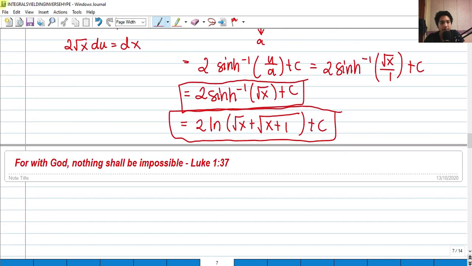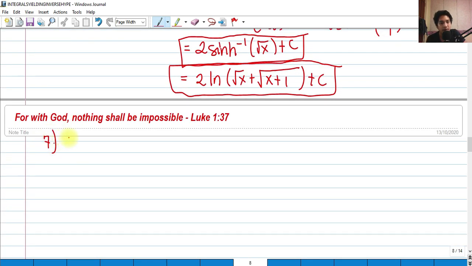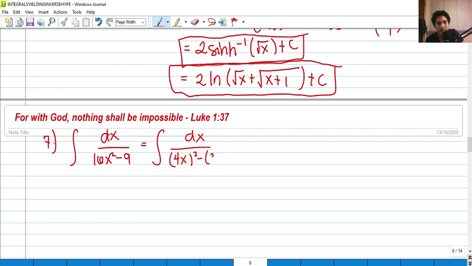For number 7, let us try to solve the integral of dx all over 16x squared minus 9. So we can rewrite this as integral of dx all over 4x squared minus 3 squared. So we know that this would yield an inverse hyperbolic tangent or cotangent.